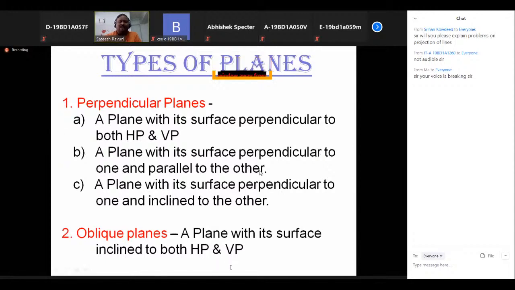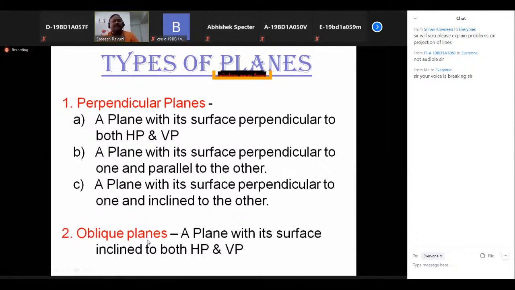We have taken two examples, a rectangle and a circle. The rectangle is parallel to VP and perpendicular to HP, and in the second case the circle is parallel to HP and perpendicular to VP. Now, the last case in the first category is a plane with its surface perpendicular to one and inclined to the other. Just now we have seen the pentagonal plane problem.